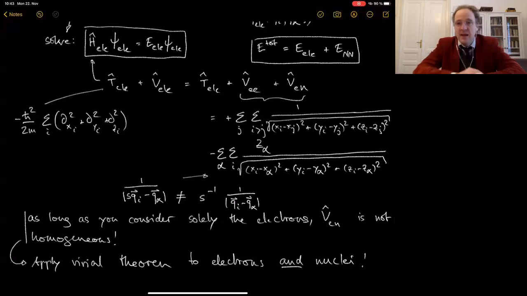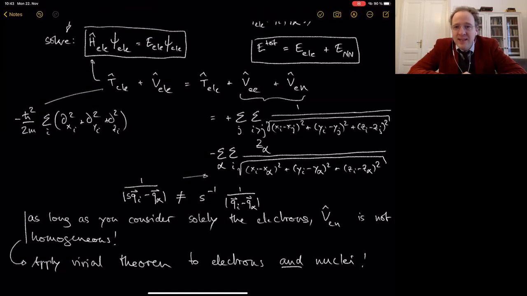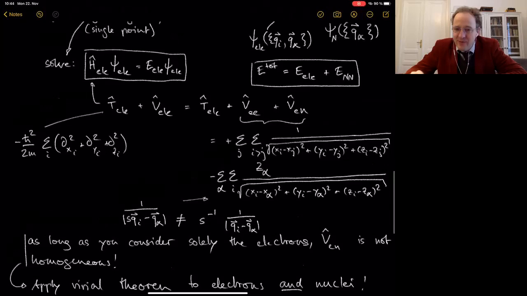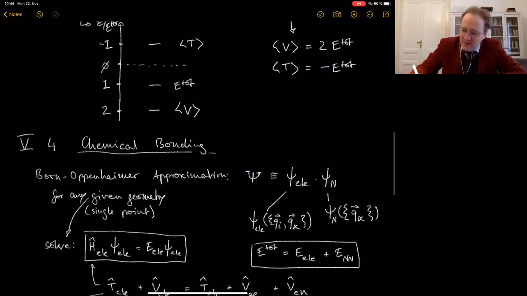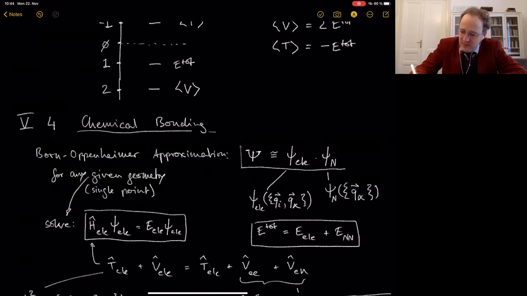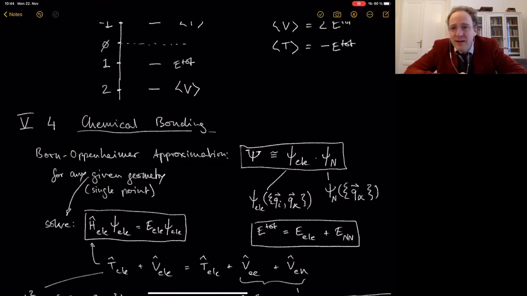Now, that's not a crazy idea. Just remember what we did above to arrive at the Born-Oppenheimer approximation. We approximated this, right? We did this approximation here. But we do know very well that nuclei and electrons are part of the same many-body problem, and they are part of the same wave function.